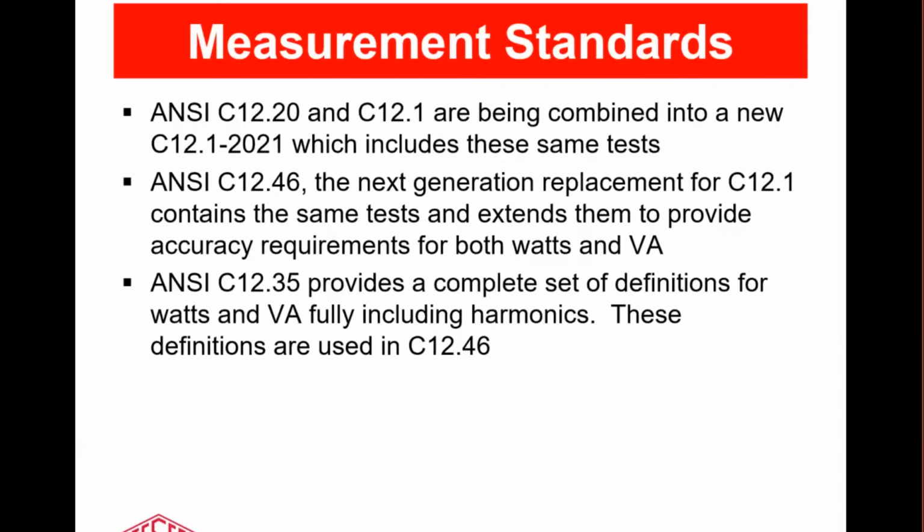It's currently in the balloting stage, and it combines the high accuracy standard C12.20 and the base standard C12.1 into a single standard. And these same exact tests that were in C12.20 are also found in the new combined C12.1.